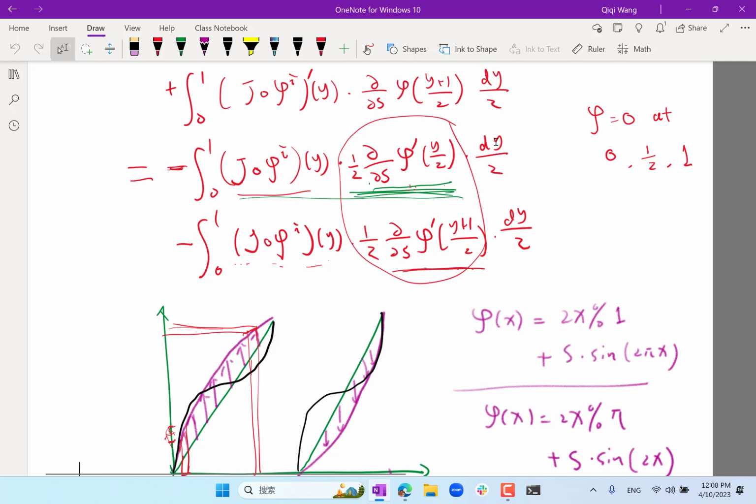So basically dy we can always write as half of the integral over the equilibrium measure, and the equilibrium measure can always be sampled, right?